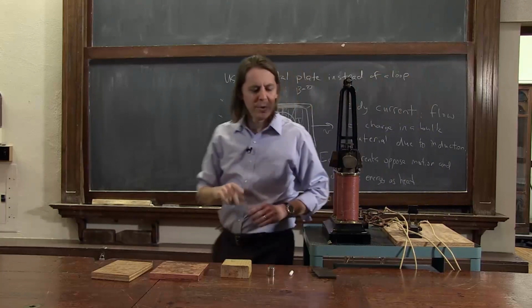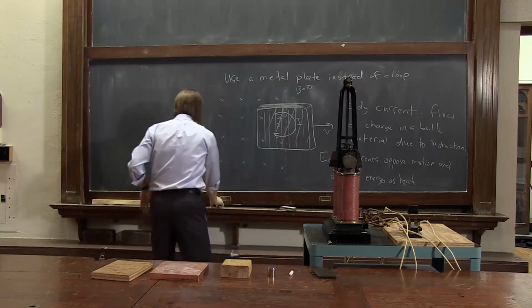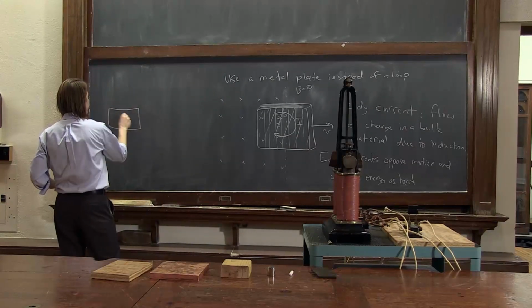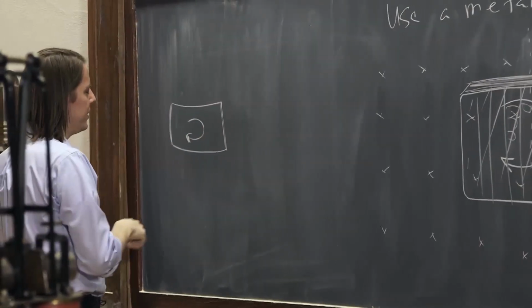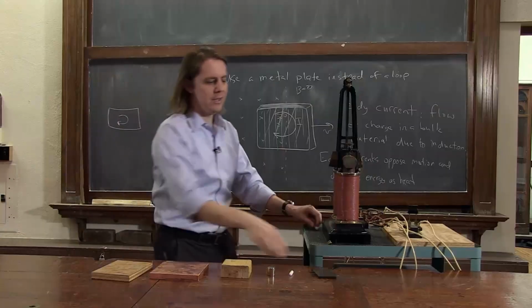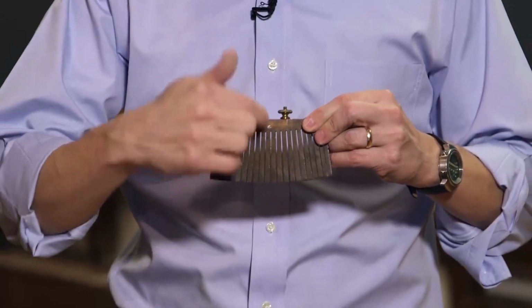Now, one way we can further confirm that it's eddy currents is we can use a different slider. That was a solid piece of copper, and eddy currents were flowing in it. I can also get one that has these little fins. So the next one I'll put in is this one. You can see it's all slotted, right? It's been cut.